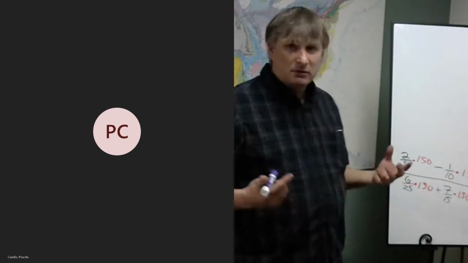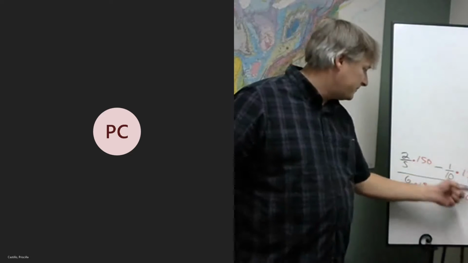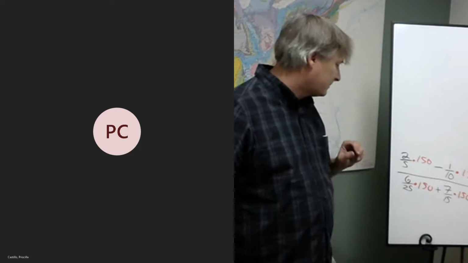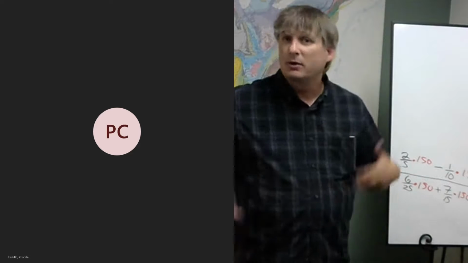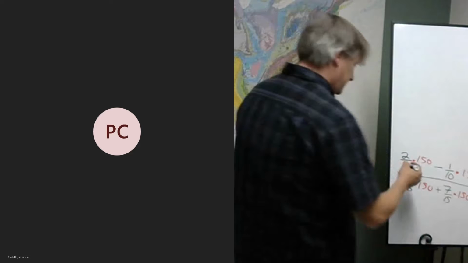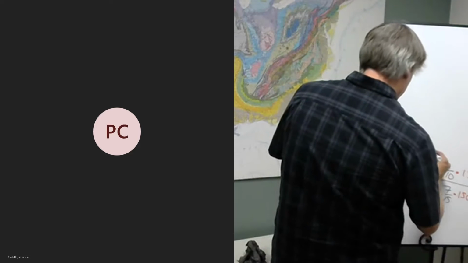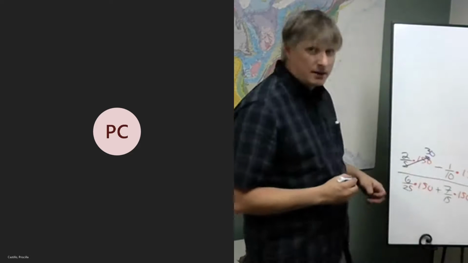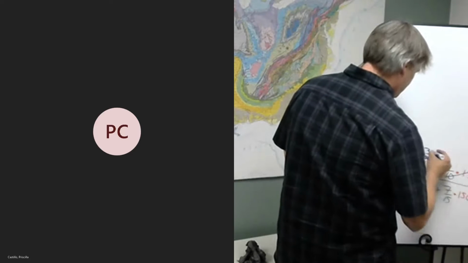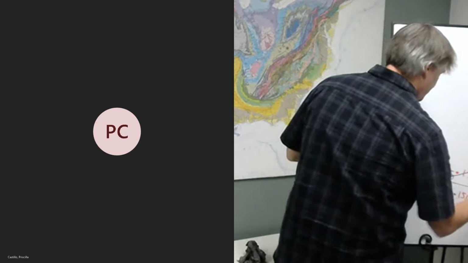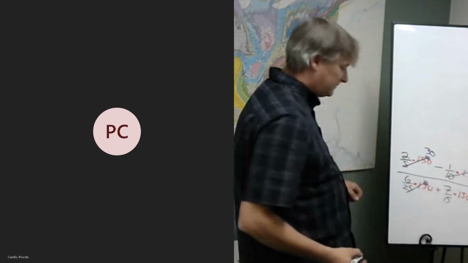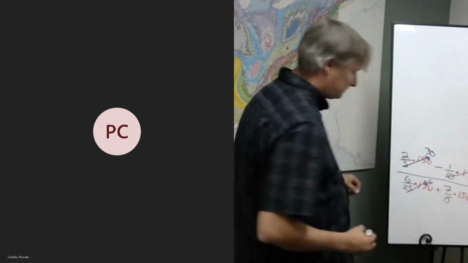Now, since we made this 150 using each of these denominators, each denominator is going to divide into 150. So 5 goes into 150 30 times. 10 goes into 150 15 times. 25 goes into 150 6 times.